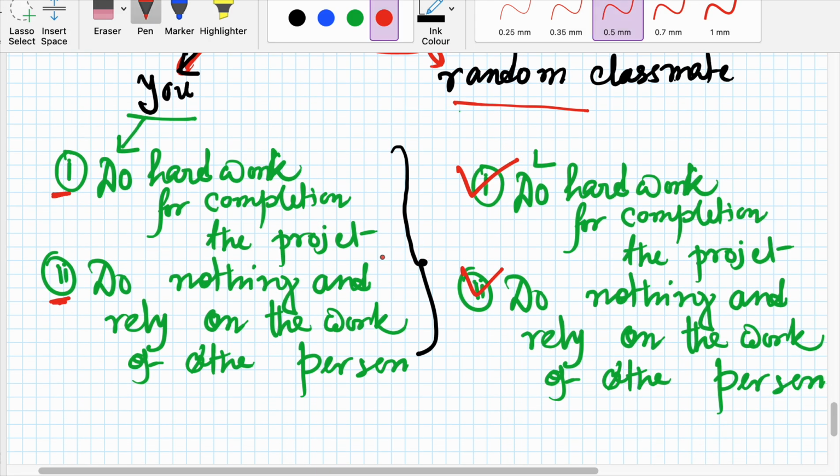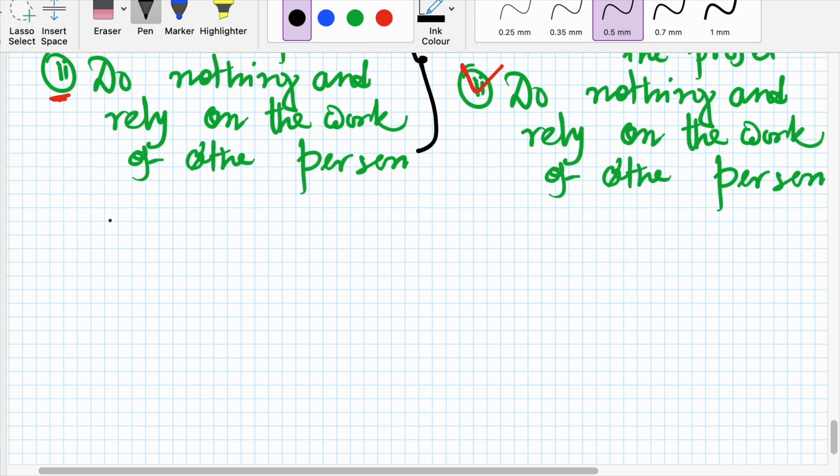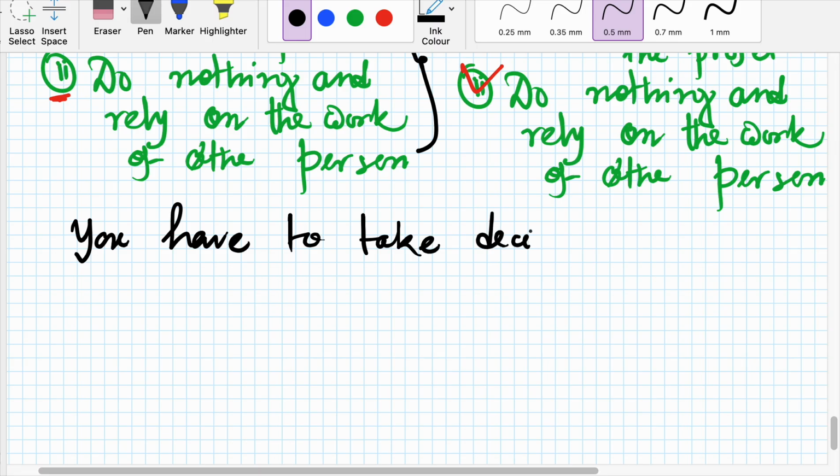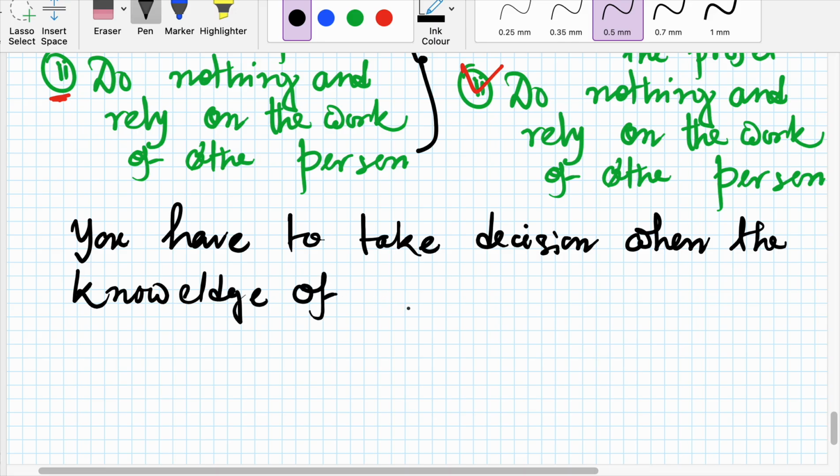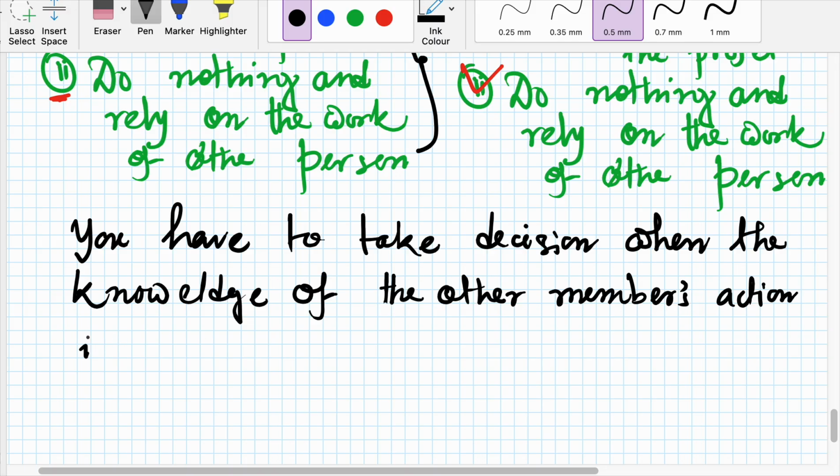You have to take a decision when knowledge of the other member's action is not present.